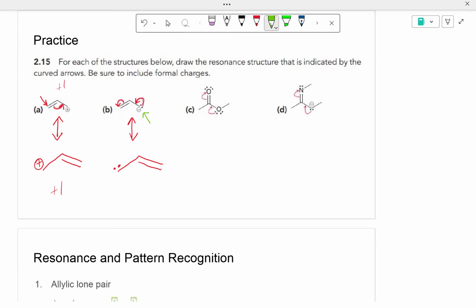Notice it gave a lone pair to make a pi bond. So that's why its formal charge is 0. I'm just going to put it in parentheses there. You don't ever have to indicate that the formal charge is 0 like this. I'm just showing you that it's now 0, not -1. And this carbon gained a lone pair, so it becomes -1.